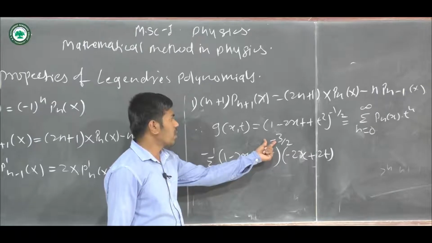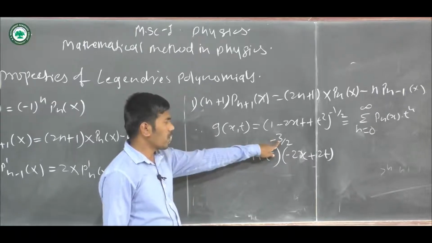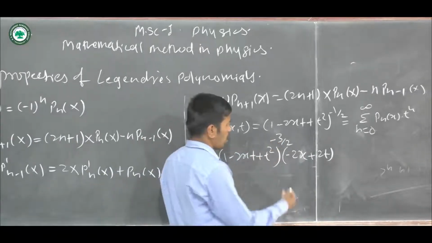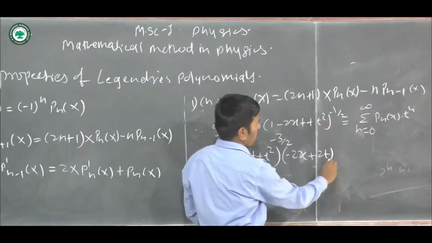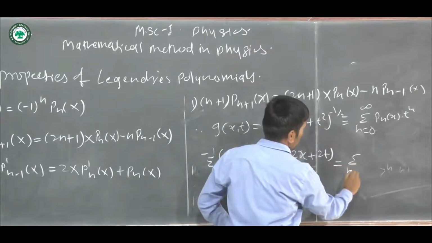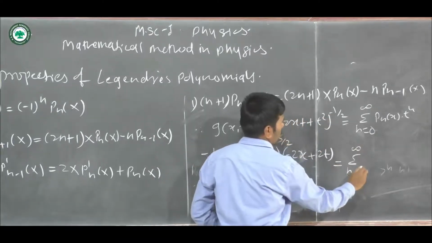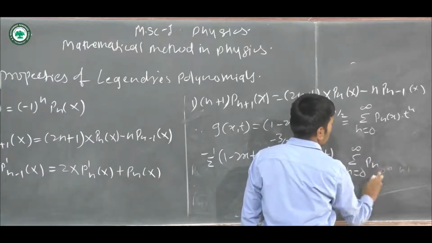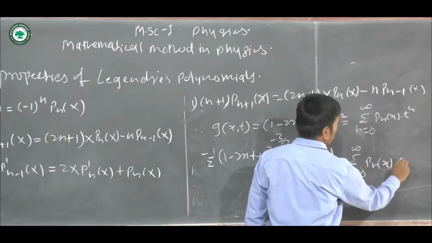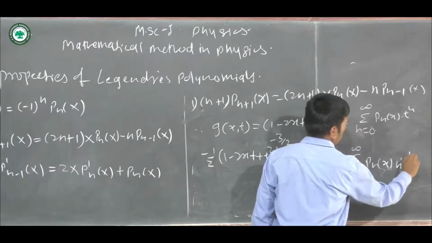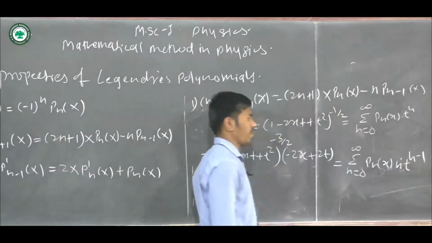When we differentiate with respect to t, the power becomes minus 3 by 2, and this is equal to the summation over n equal to 0 to infinity of P_n(x) into n into t^(n−1).